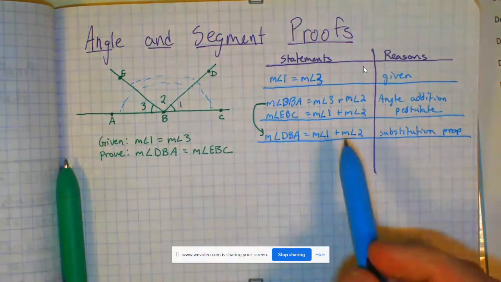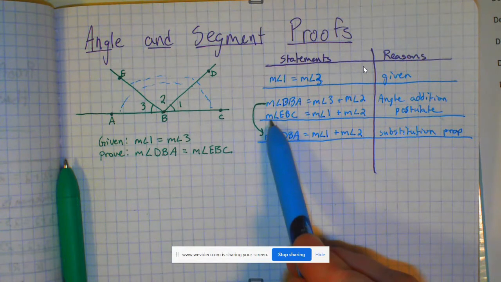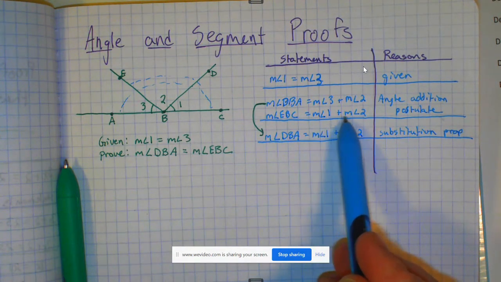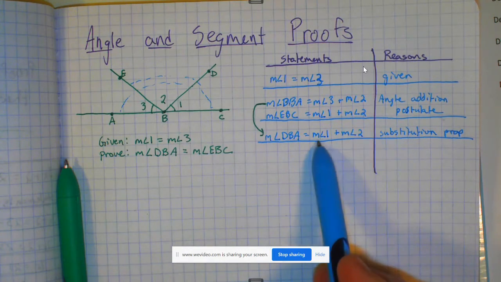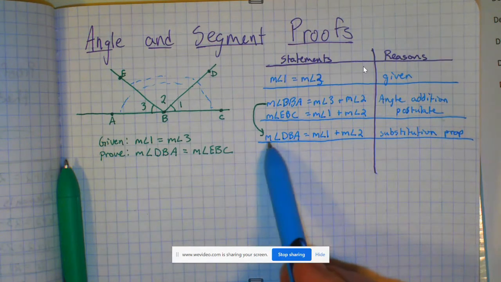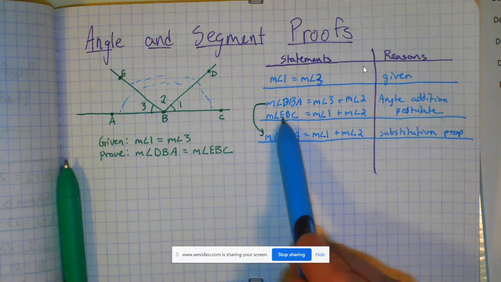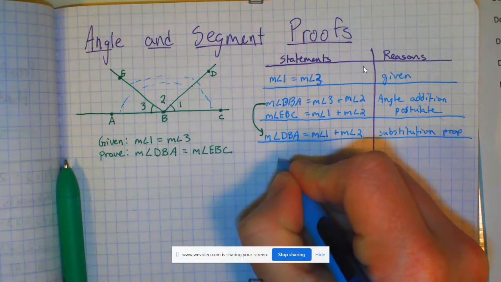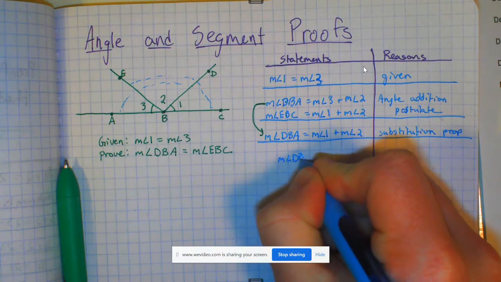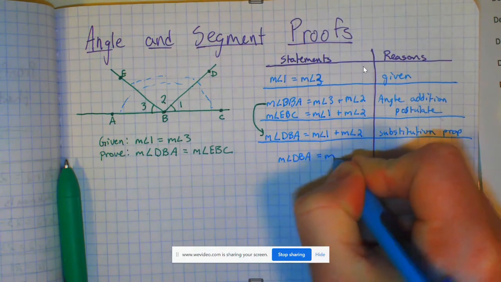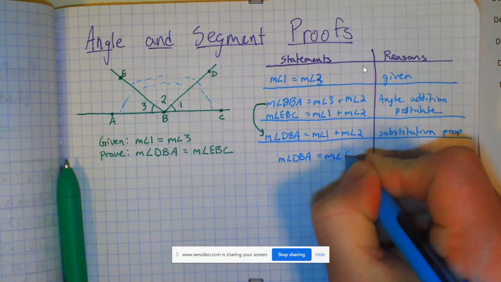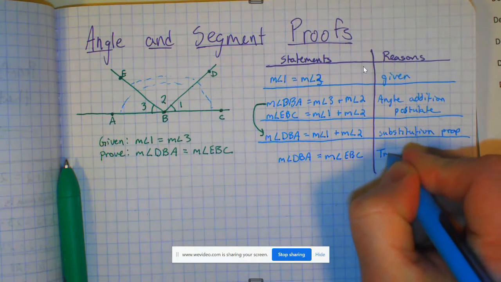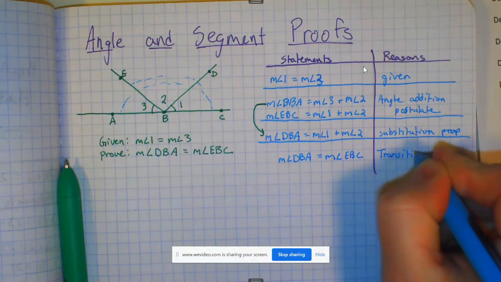Now here we can see that the measure of angle EBC also equals the measure of angle 1 plus the measure of angle 2. And I have the measure of angle 1 and 2 equal the measure of angle DBA. So I can link those together and say that the measure of angle DBA equals the measure of angle EBC, and that is the transitive property.